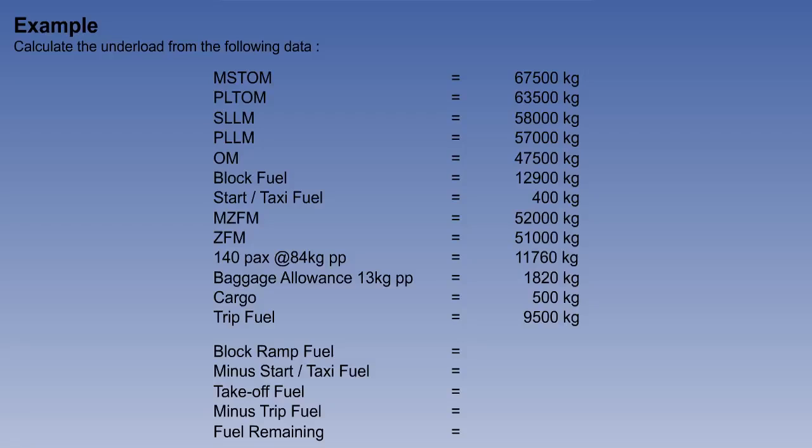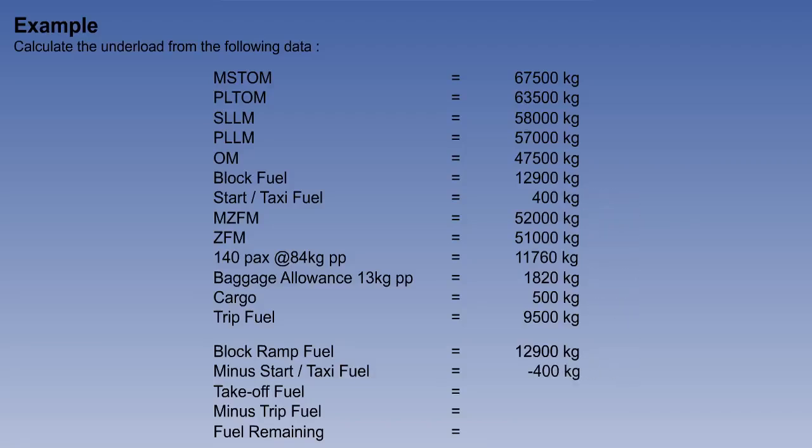For the first step, we must apply the golden rule of working out the fuel state first, and this is done by constructing a table of the fuel data, starting, in this case, with the block ramp fuel of 12,900 kilograms.